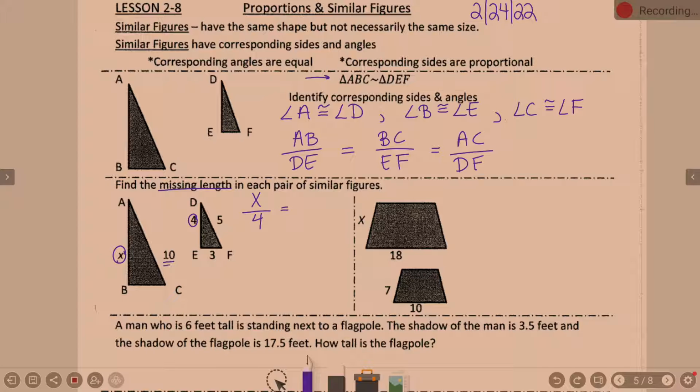Because 10 is the length of this slanted side, and 5 is the length of that slanted side. Originally when I set this up, I said x over 4, x from the big over 4 from the small. So when I use 10 and 5, I'm going to say 10 from the big over 5 from the small.